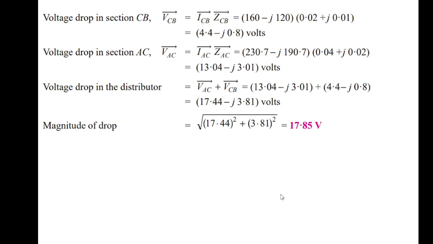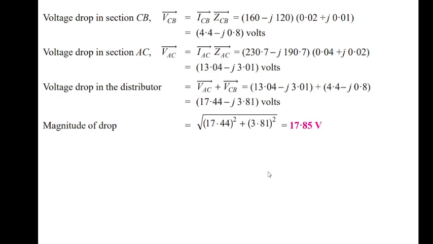In this slide, I want to complete the solution by calculating the voltage drop across each section of the distributor using complex impedance and current values, because they are in complex form. So we have both resistance and reactance in our form.